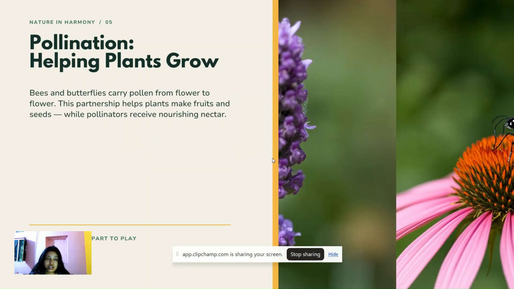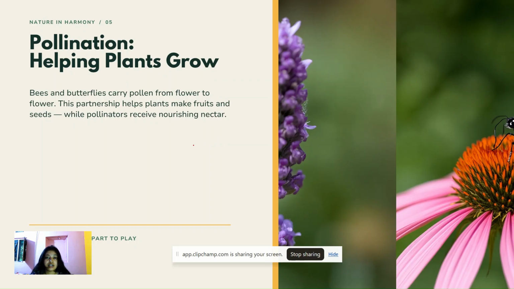Pollination helps plants grow. Bees and butterflies carry pollen from flower to flower. This partnership helps plants make seeds and food, while pollinators receive nectar. So it is the example of bees and butterflies that carry pollen from flower to flower and they increase the plants' family.